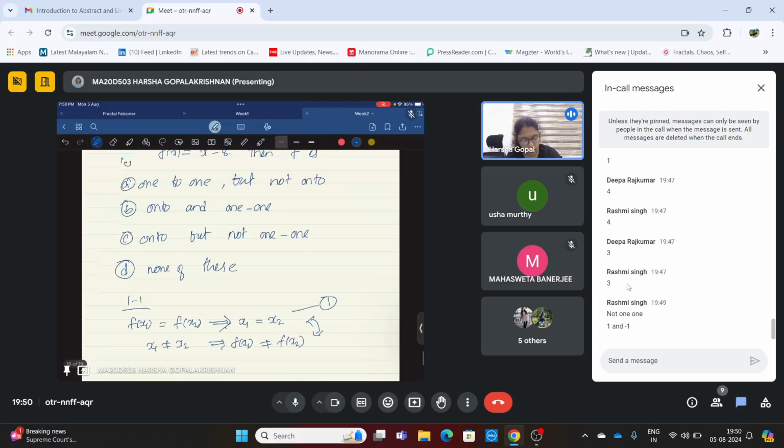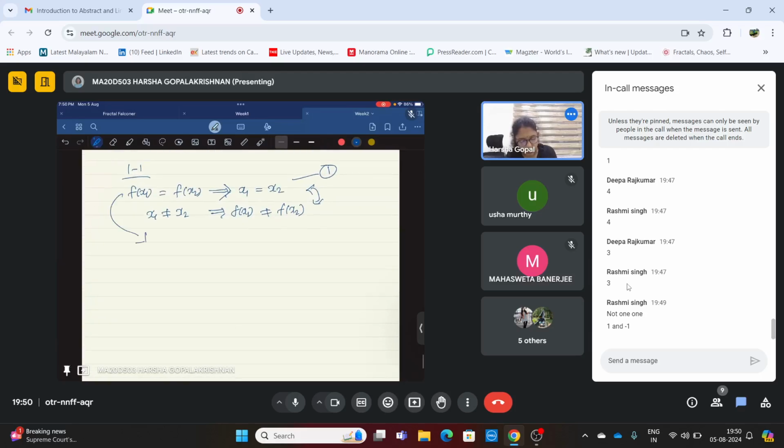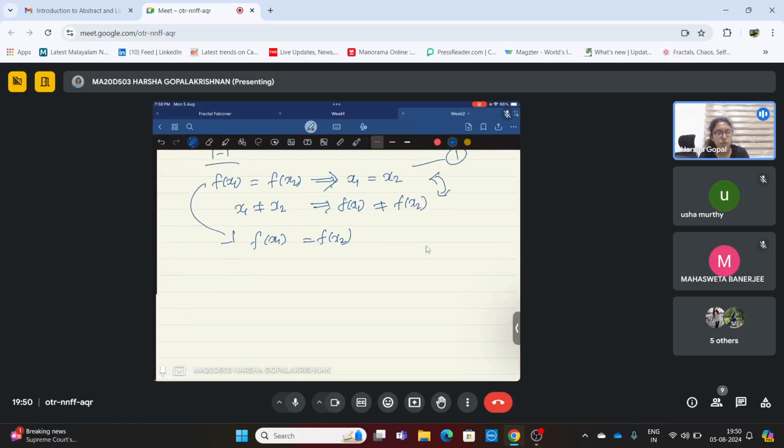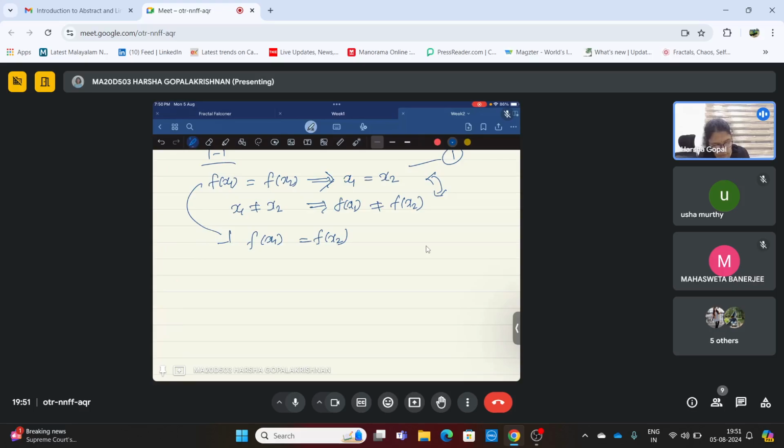So just start with this condition. f of x1 equal to f of x2. Okay, by definition, then it is 1-1, correct, since the domain is restricted, otherwise, as you told, it will not be 1-1. Now what we are considering is f of x1 equal to f of x2. So x1 square minus 8 equal to x2 square minus 8.